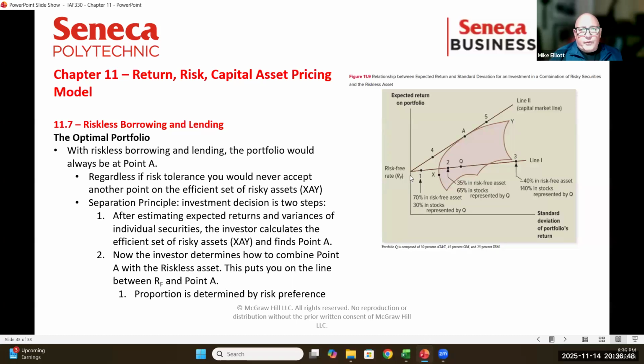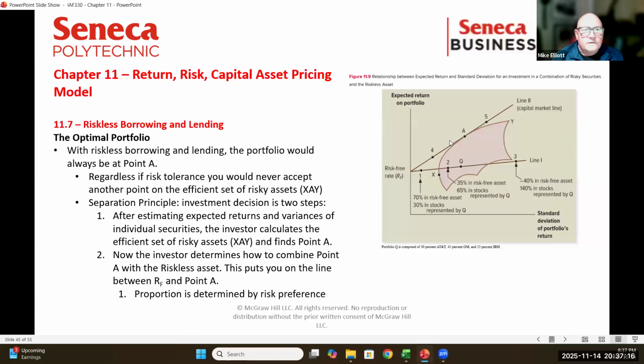So the risk-free point is here. Point A is here, and the line extends. If we combine point A on this portfolio with riskless assets by either investing them or borrowing them, we can only move up and down this line. The proportion is determined by your risk preference.